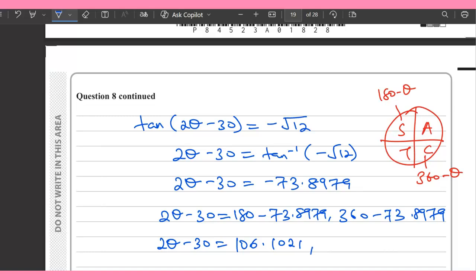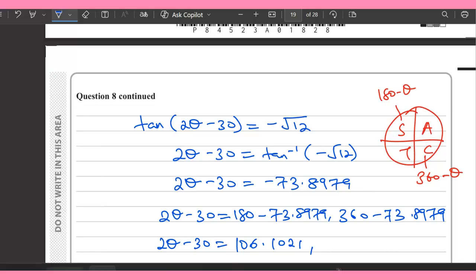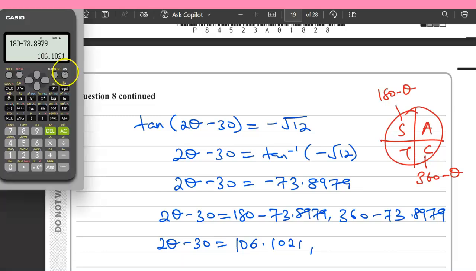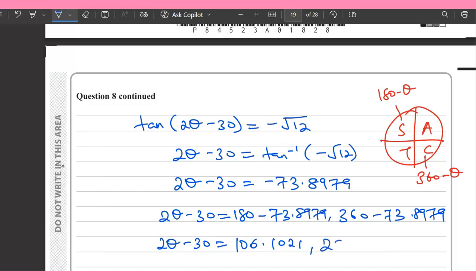Then we can also do the same for 360. The second part we have 360 minus 73.8979. This will give you 286.1021.